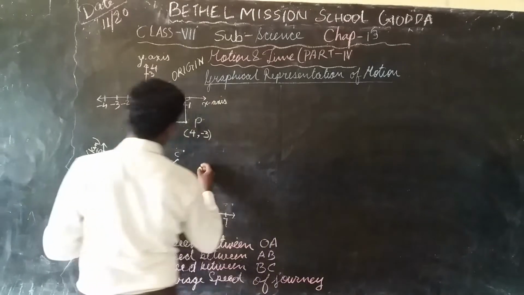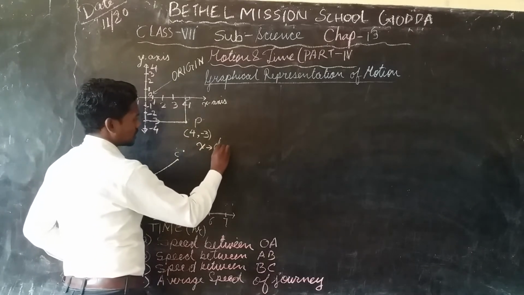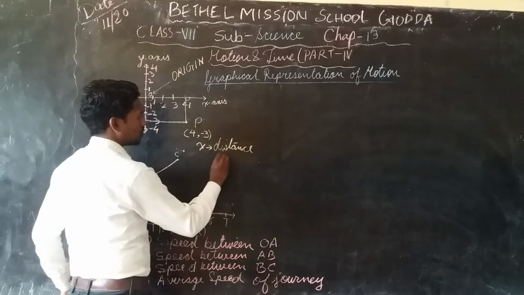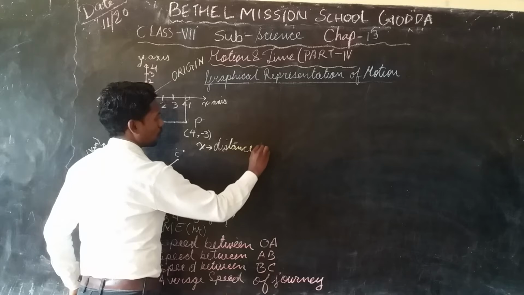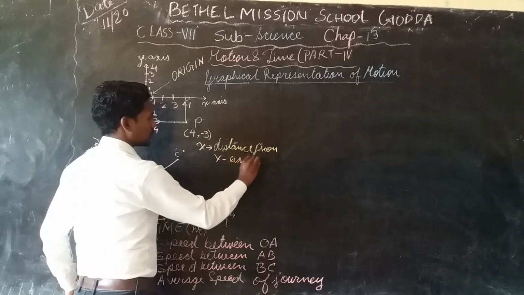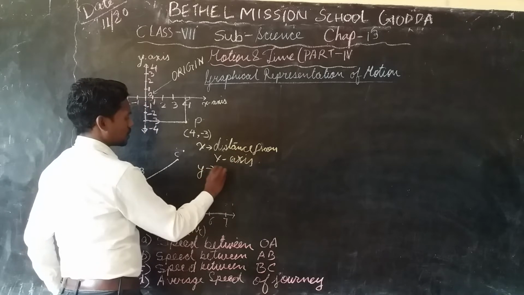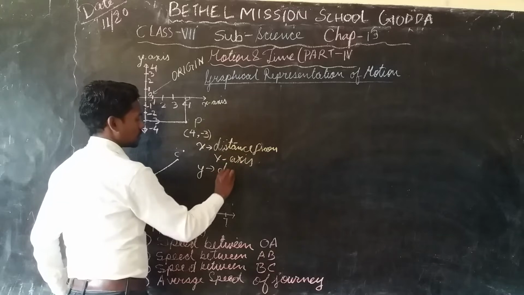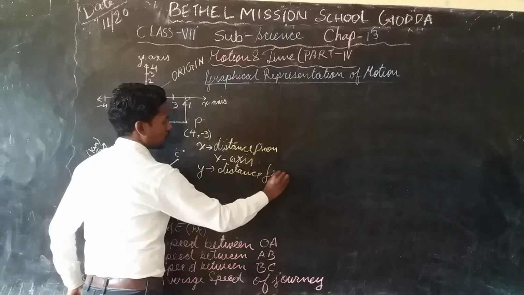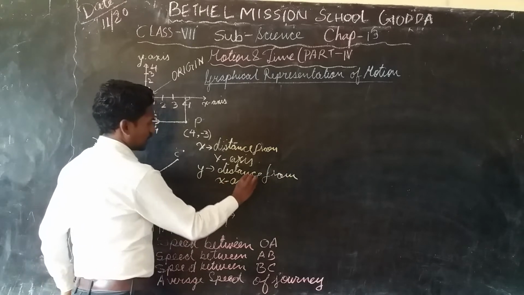So you can say that the x reading gives us the distance from the y-axis and the y reading gives us the distance from the x-axis.